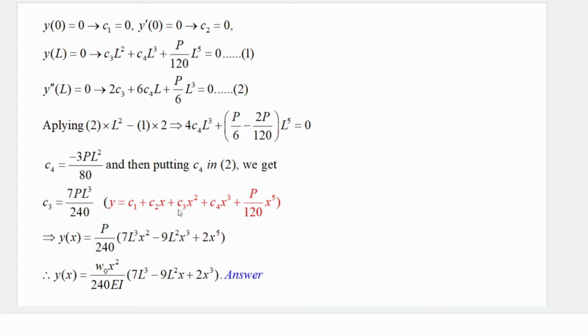So we put the values for C1, C2, C3, C4 here. Then after simplification we get P by 240 times the bracket 7 L cubed x squared minus 9 L squared x cubed plus 2x to the power 5. So this is our deflection of the beam.